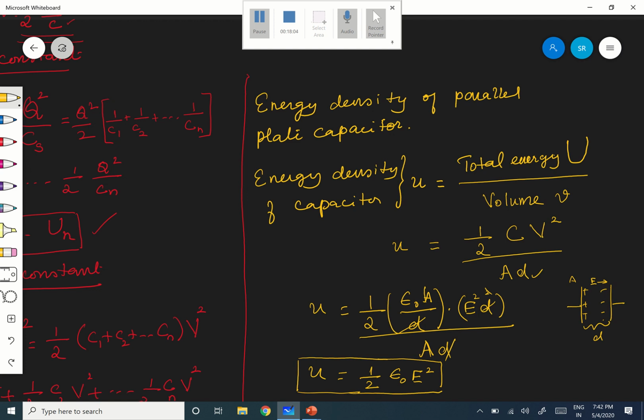Can you give me the unit of U? Total energy per volume, so joule per meter cube.